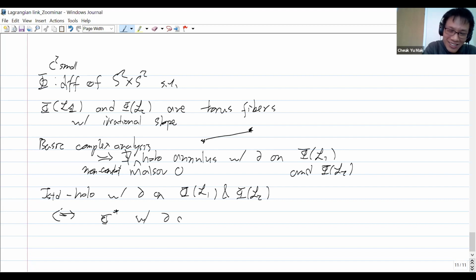With boundary on L1 and L2, push forward J. Am I correct? So L1, L2, J, phi J, pull back. Okay, yeah, J holomorphic curves.